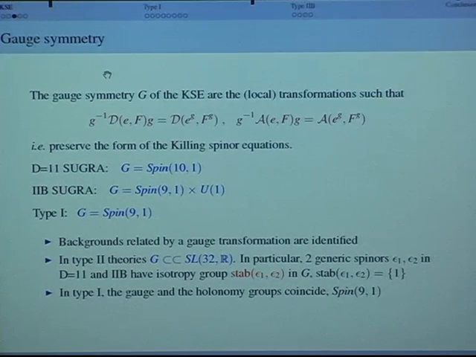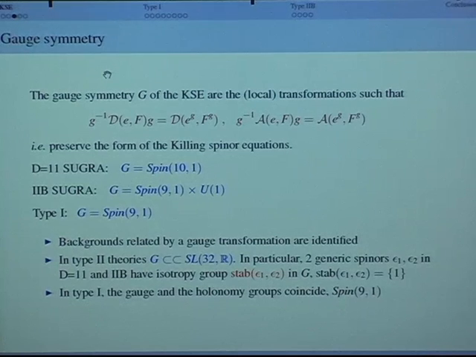Now, if one has a gauge transformation of this type, it's completely natural when you have a classification problem of this type to identify configurations that are related by a gauge transformation. But then immediately you can see the problem, that the gauge groups like Spin(10,1) are much, much smaller than the holonomy groups.